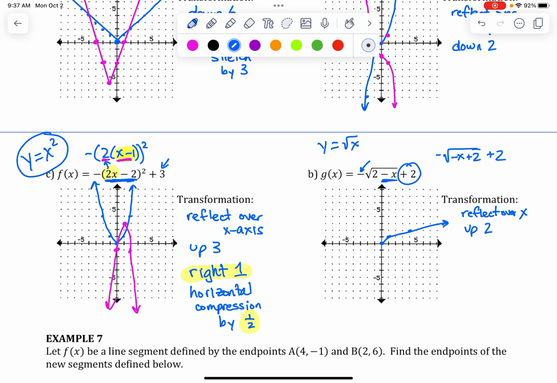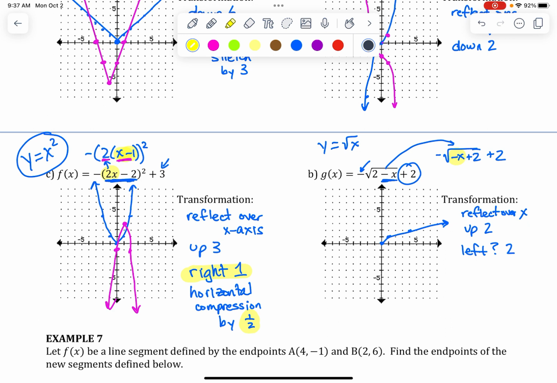Right? So the 2 minus x is the same thing as negative x plus 2, right? Algebraically, all you're doing is moving the variable in front and the constant behind. So you might think based on that we're going to move it to the left 2. But you'll see when we graph it that that's not the case. And that's because of that negative x.